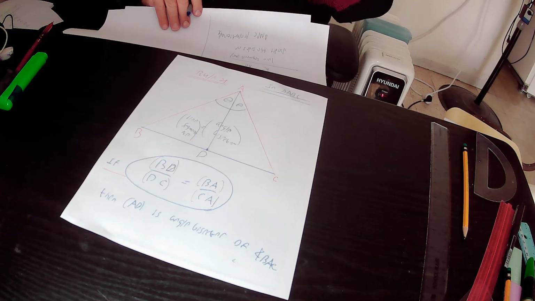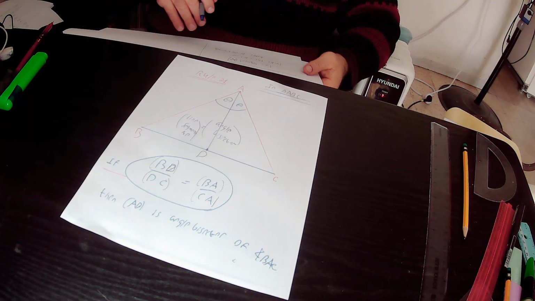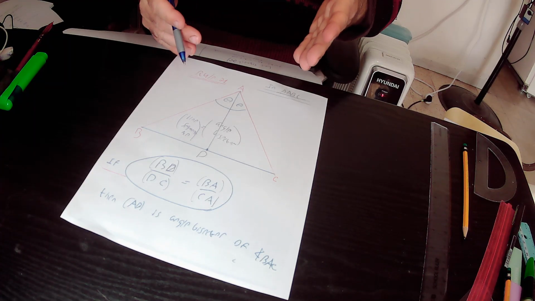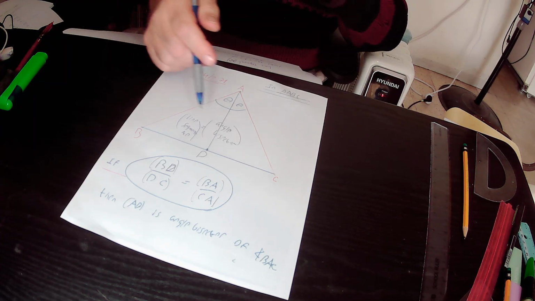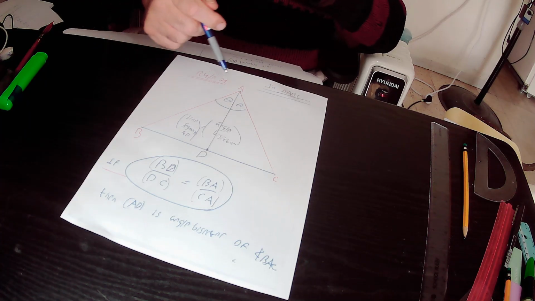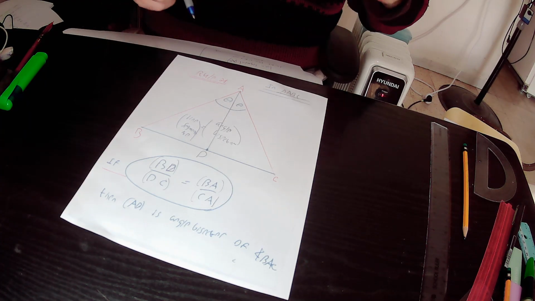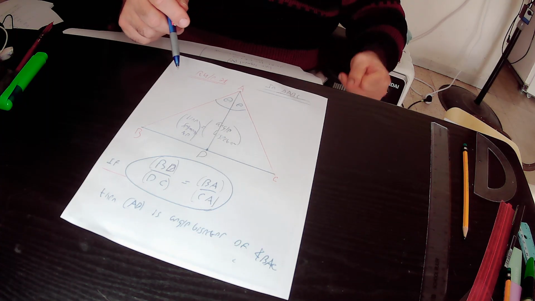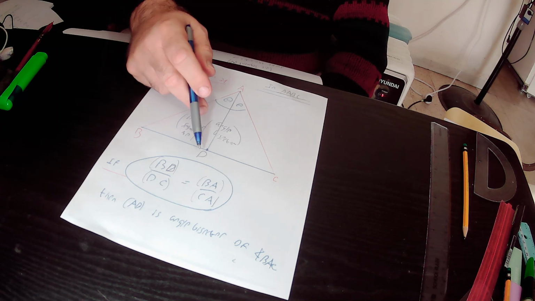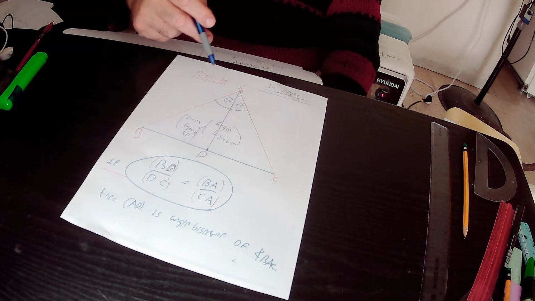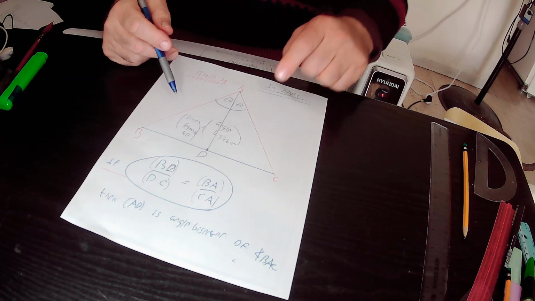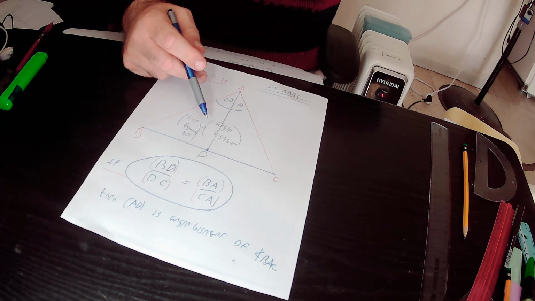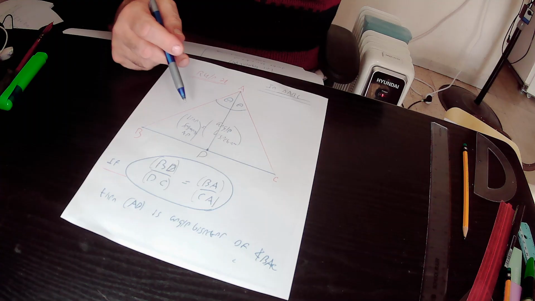According to rule 21, if we know that line segment AD divides the sides of this triangle ABC proportionally, that is to say we know that BD over DC equals AB over AC, then line segment AD must be the angle bisector of this triangle ABC.